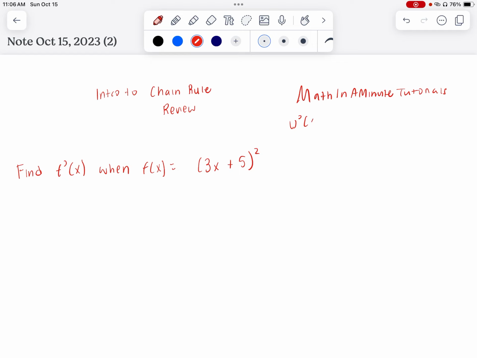u prime of x equals f prime of g of x times g prime of x, when you're trying to find the derivative of a composite function.